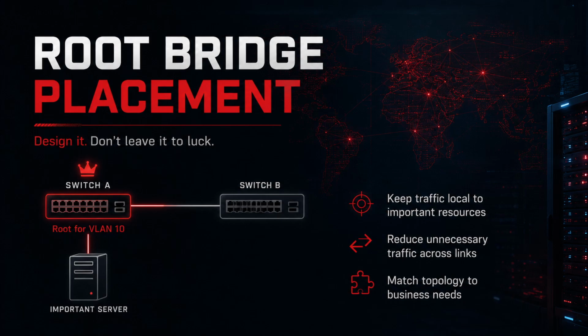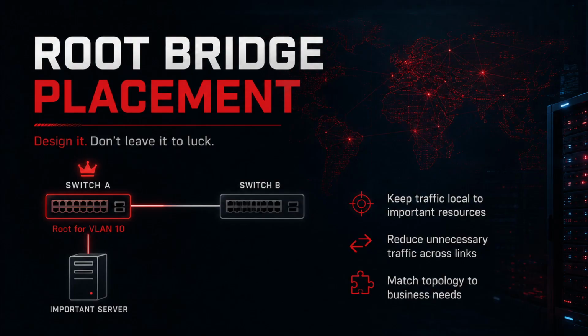Let's say this is a small company, and switch A has a server connected to it. Maybe that server is heavily used by the users in VLAN 10. In that case, it makes sense for switch A to be the root bridge for VLAN 10, because now VLAN 10's layer 2 topology is centered around that switch where important resources live.